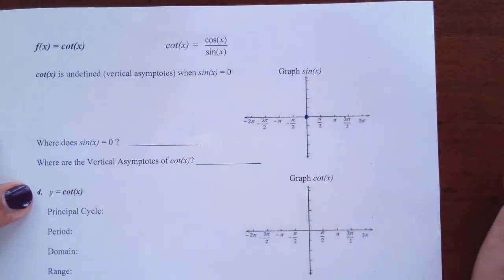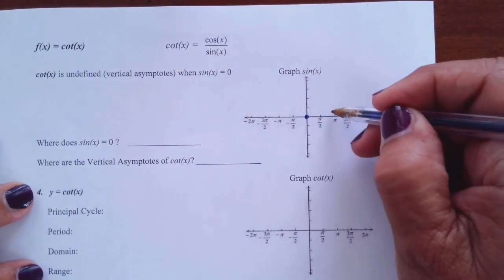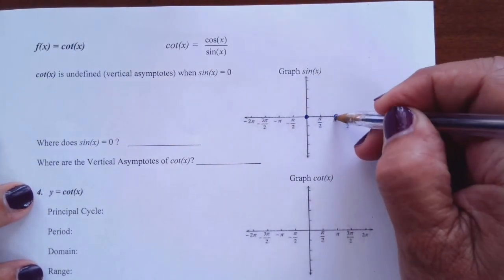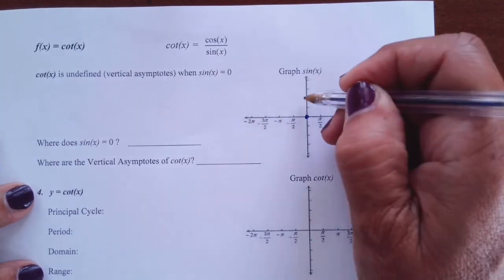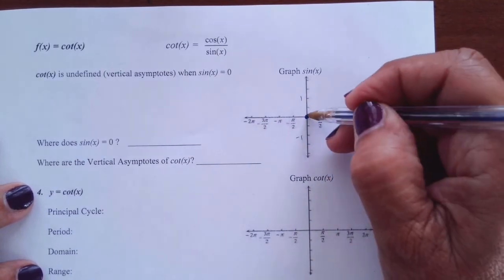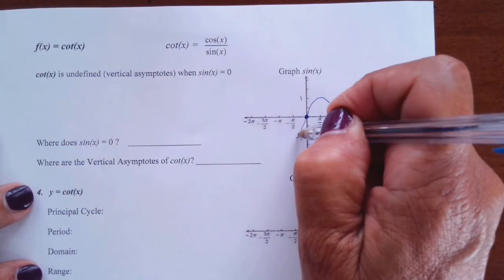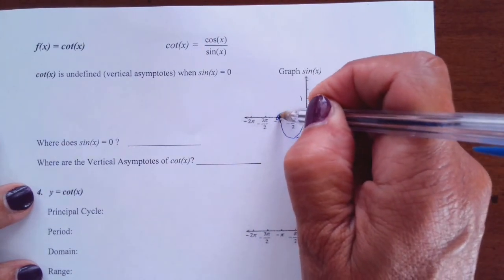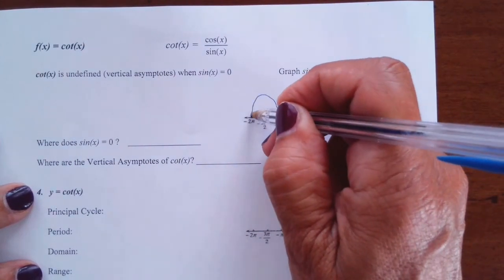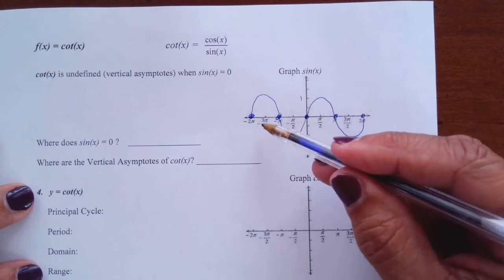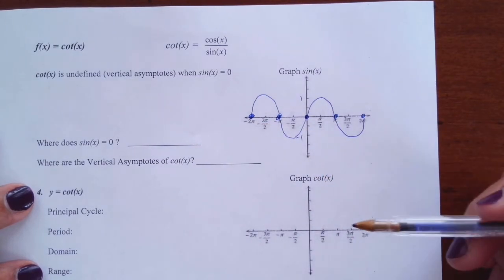Remember, the sine starts at 0, goes up, comes back through 0, and then over here. So here's 1, here's -1. So it goes up to 1, down, like that. And then it does the same thing over here. Okay? So everywhere there's a 0 on sine, we can't get an answer.